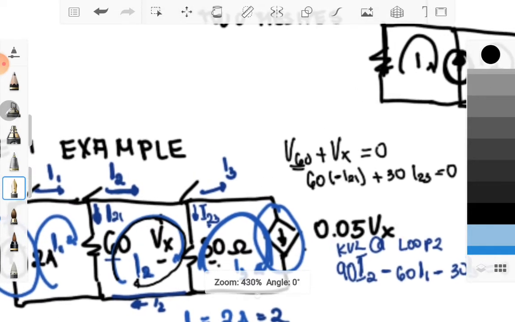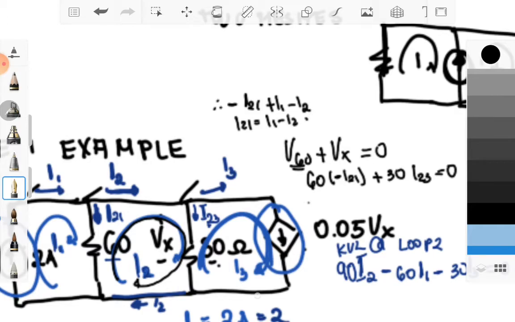Take note that our I21 palabas siya ng node. So, palabas, negative yan. I21 negative plus I1 minus I2. So, we have our I21 is equal to I1 minus I2. So, getting the negative of I21, we have I2 minus I1. So, we have 60 multiplied by I2 minus I1 plus 30.